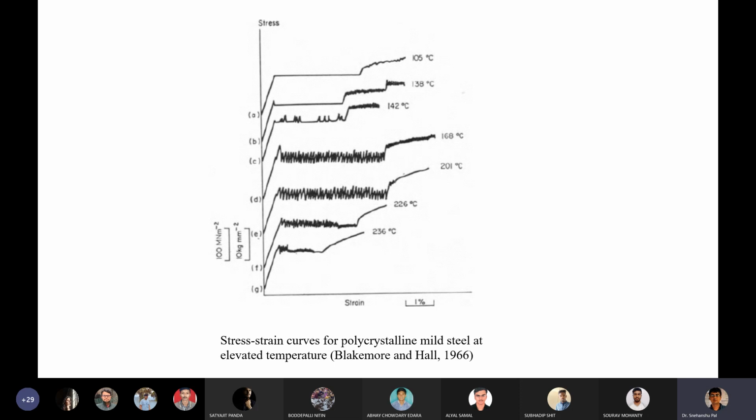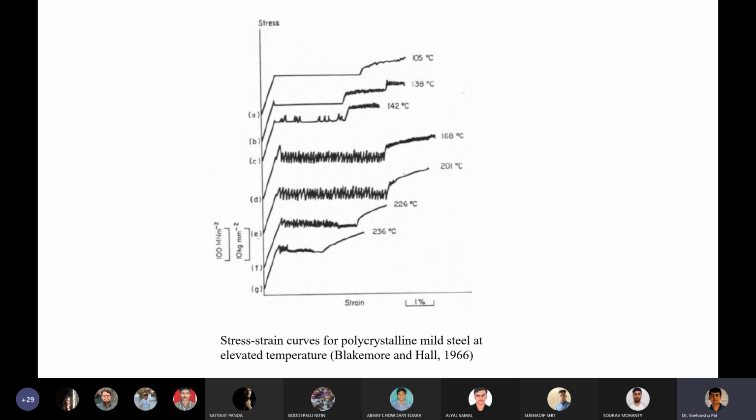So these are the observations, and the reason most probably is that at high temperature the dislocation behavior, based on climb and all those processes, is activated. So dislocation pinning, unpinning, and dislocation annihilation are operative.